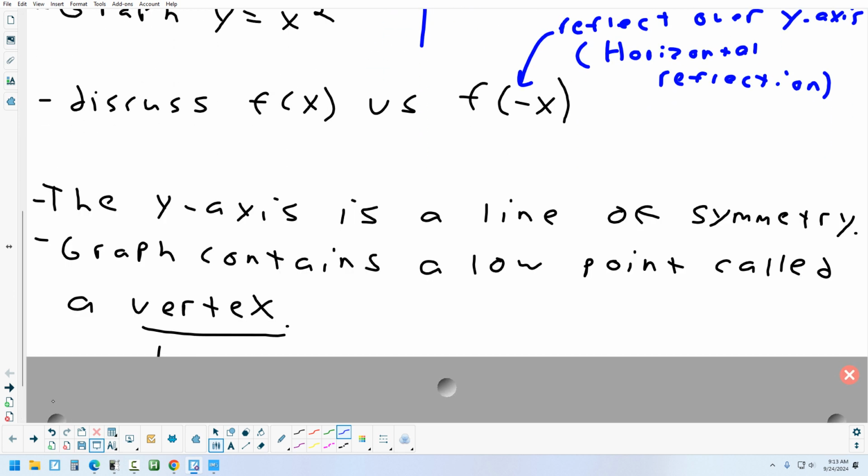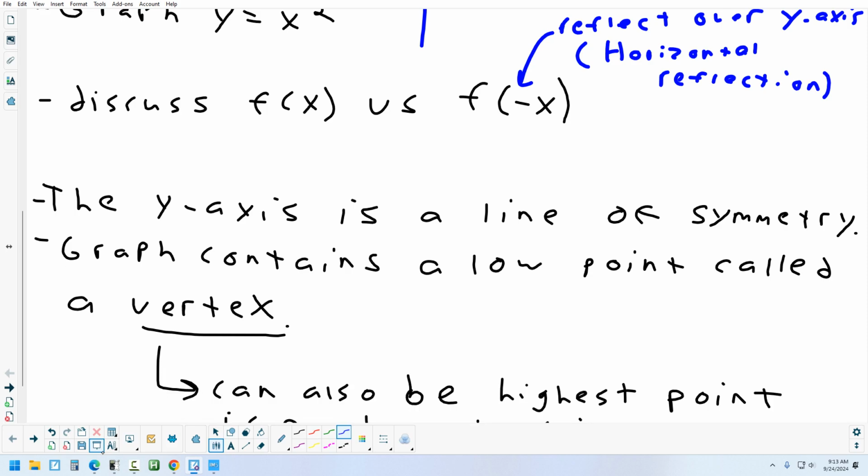So in this problem, I don't think I said this quite exactly, but the y-axis is what we call a line of symmetry. And the low point, right there, that is called the vertex.